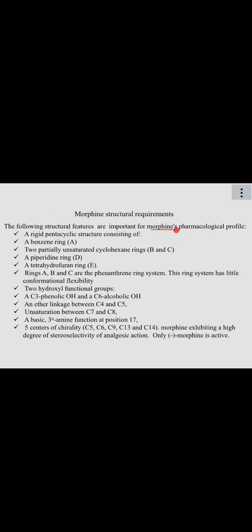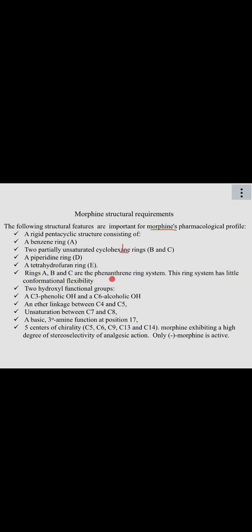If you are talking about morphine, for it to have activity, it requires a rigid pentacyclic structure consisting of, we have already said, a benzene ring, two partially unsaturated cyclohexene rings B and C, a piperidine ring D, and a dihydrofuran ring E. So we require those rings if we are talking about morphine.